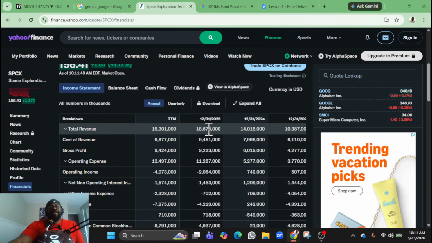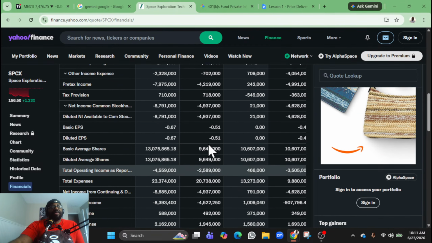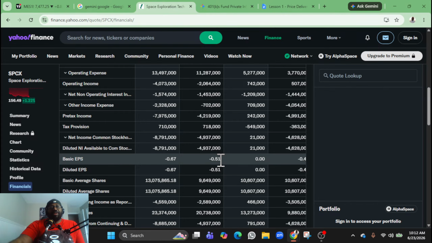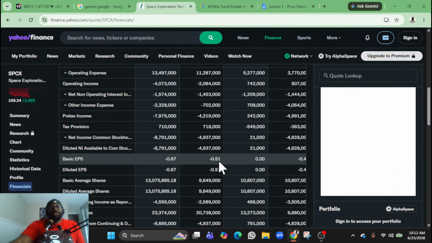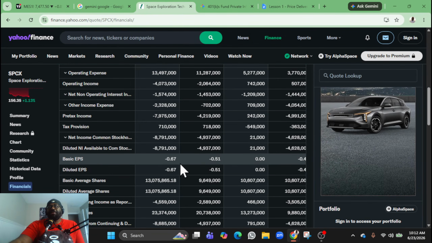But they made 18 billion last year. So when you go down to see if they are a profitable company based upon basic EPS, last year it was 0.51. Just recently it was at 0.72. That means they're still not profitable. So where are they gaining this capital from?